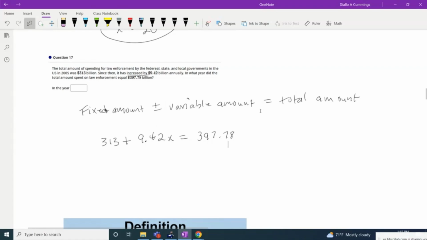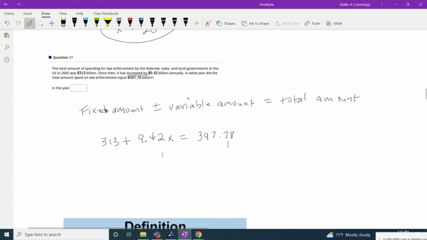Plus a variable amount. So the variable amount here is the 9.42 billion annually. So we don't know quite how many years it would take to get this total of 397.78 billion. So now that we have it laid out, we're going to solve it for x.